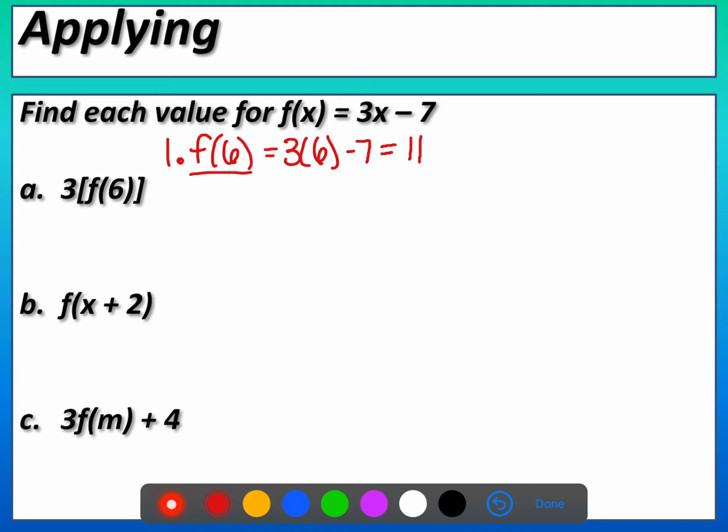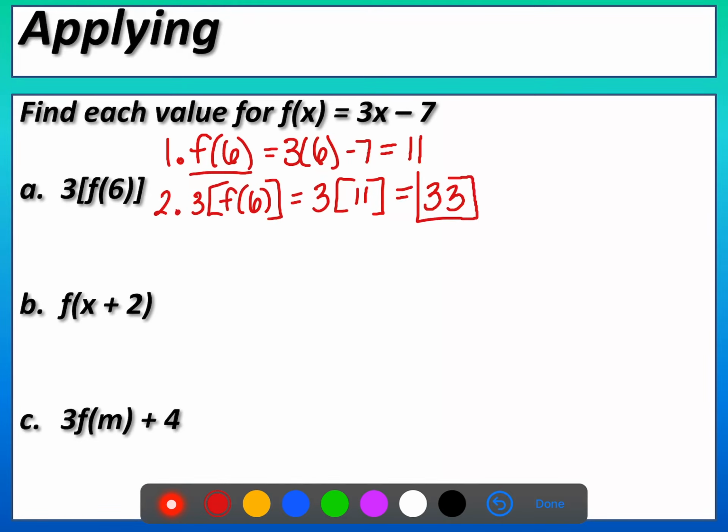Set everything up. We want to use the proper notation, f of 6. Okay, and now these brackets on the outside here, they're telling me to multiply 3 by whatever value I got for f of 6, which was 11. So that means that my final answer is 33.